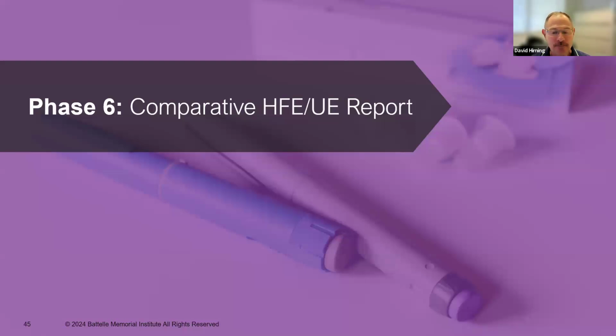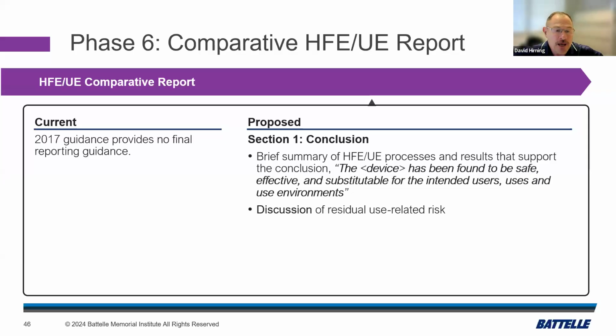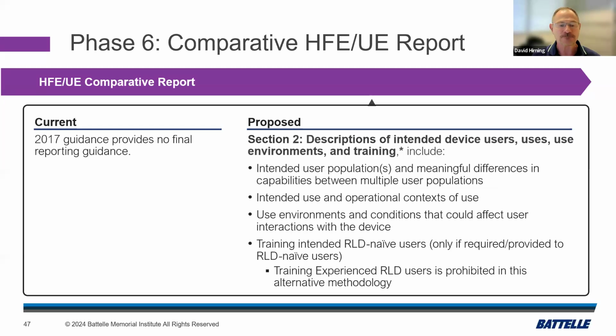And then the following slides here that we're going to go through very, very briefly. You will receive, as I said before, copies of this presentation. And the idea is wherever we see the italics on the screen, as we see here, those are the changes between the Appendix A from the 2016 guidance and the proposal we're presenting here in a comparative HFE-UE report.